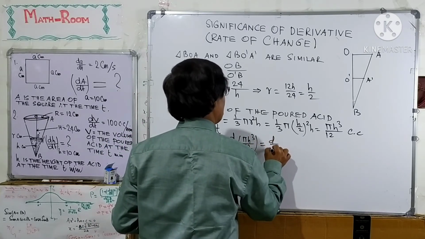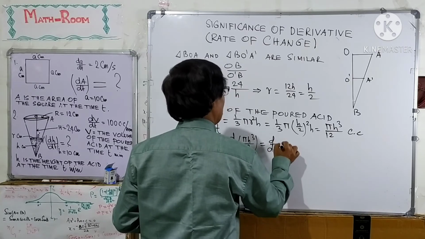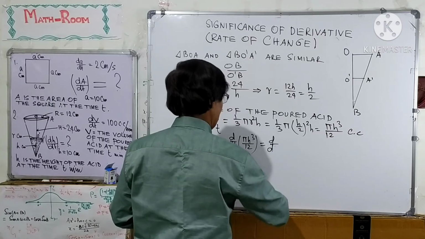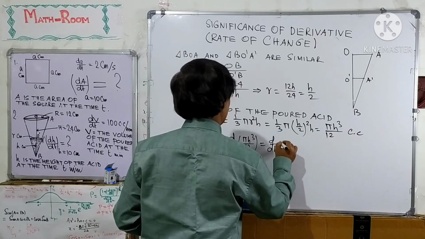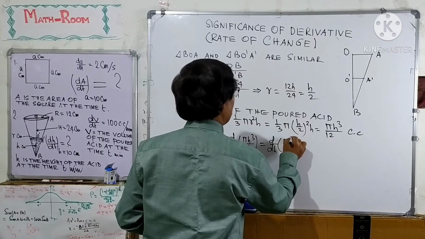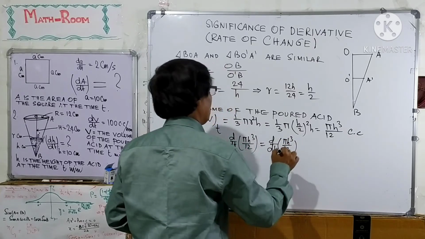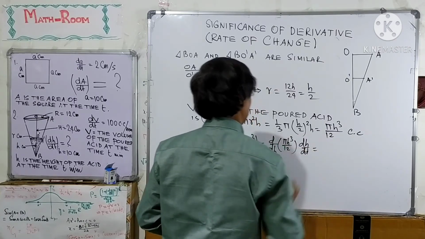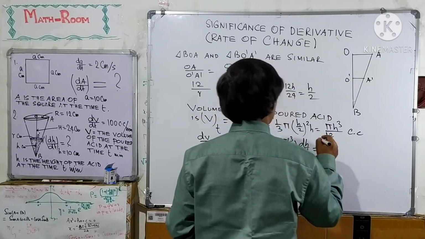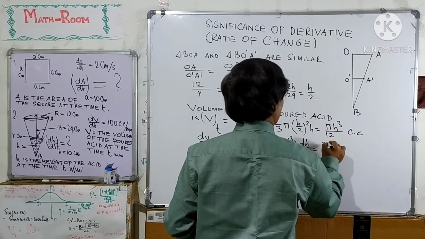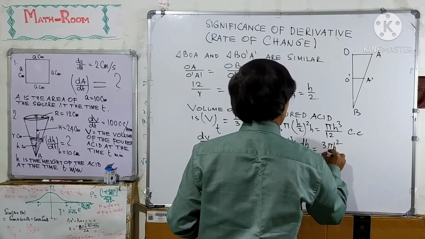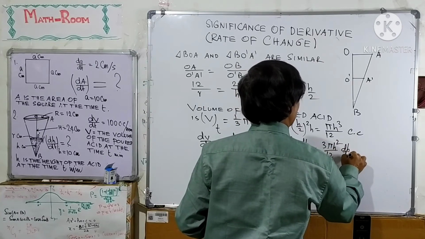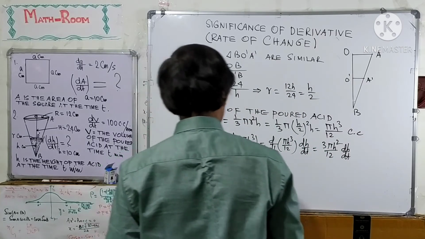We can change it as d/dh of pi h cube over 12 into dh/dt. The derivative of pi h cube over 12 is 3 pi h square over 12 dh/dt.